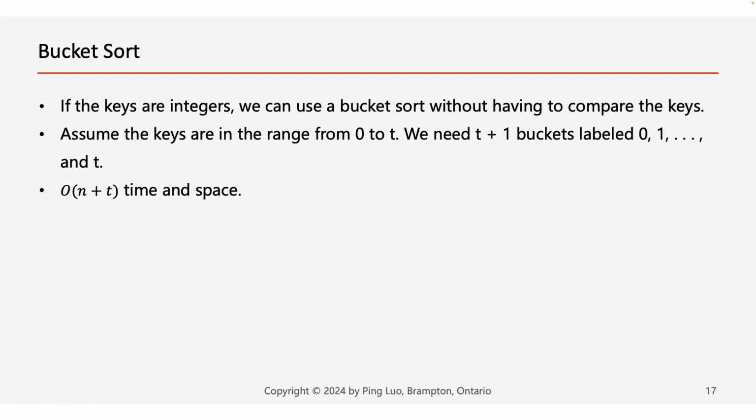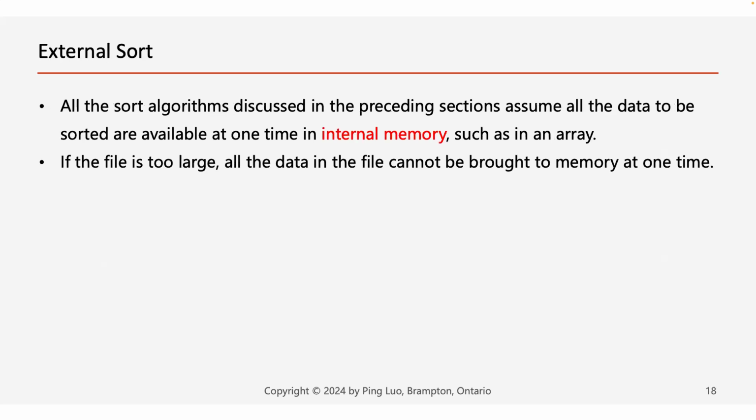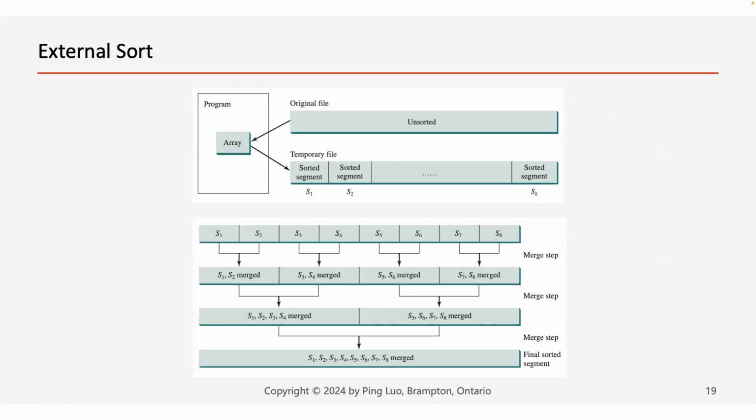Finally, we just discussed that all these algorithms need to save everything in memory to do the calculation. But if we have, let's say, 100 million numbers to sort, instead of putting everything into memory, we can use a temporary file.